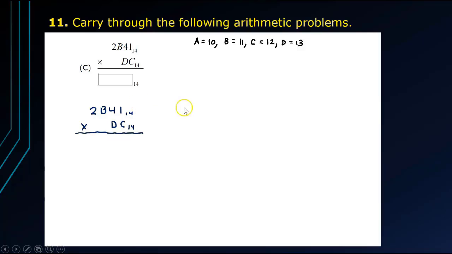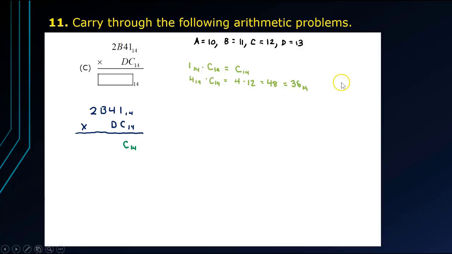When I look at this, I have to do each multiplication separately and make sure I'm carrying things through. So 1 times C in base 14, 1 times anything is going to be itself, so nothing major happens here. I'm going to have C, base 14. When I do 4 times C base 14, that's like 4 times 12, which is 48, which is not a number in base 14. The 8 takes it out of there.